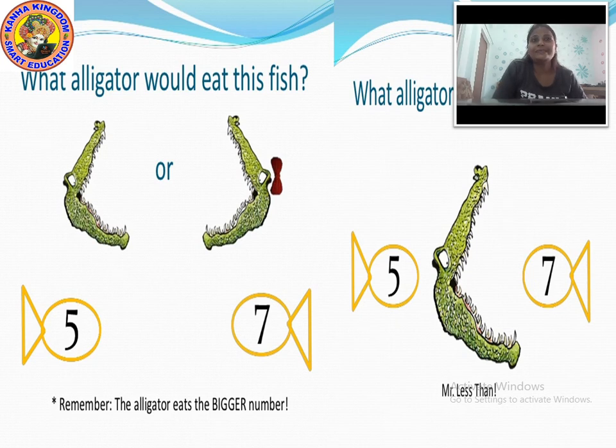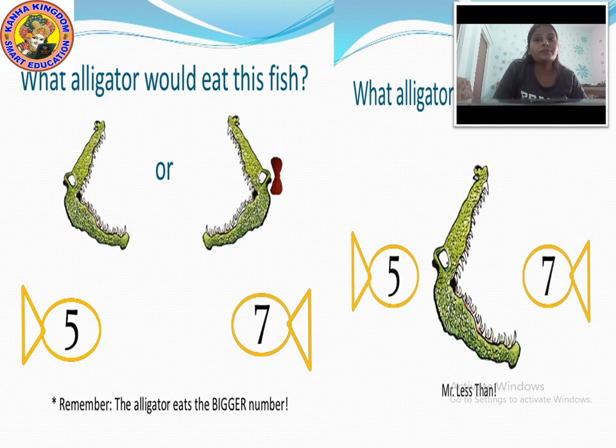Which alligator would eat this fish? 5 or 7? Just now I told you the alligator will eat the 7. So can you tell me which alligator is eating the number 7?